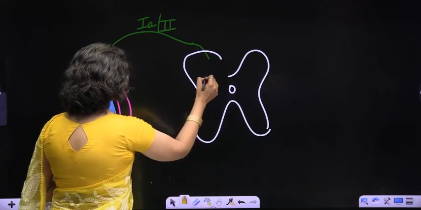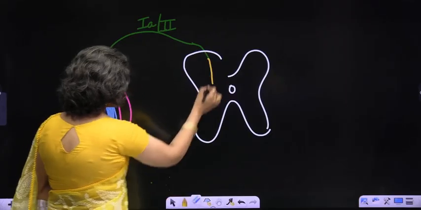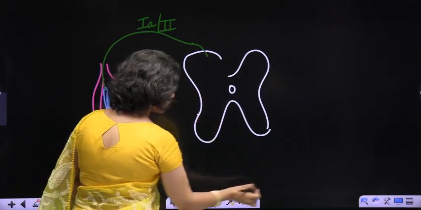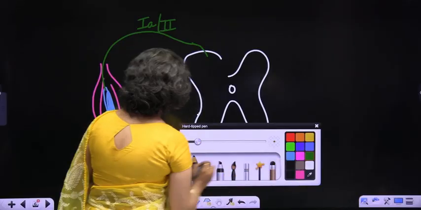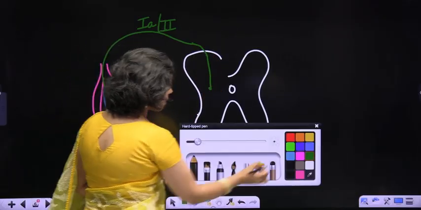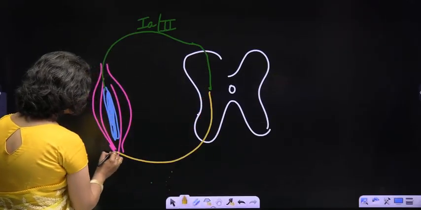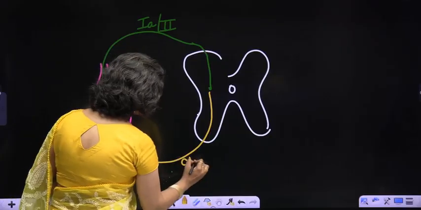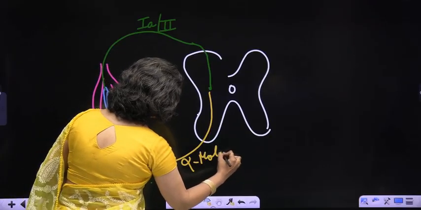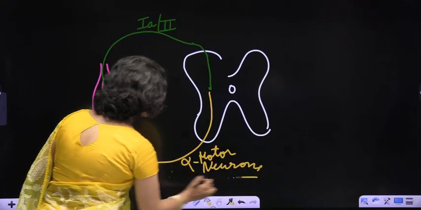Now from this, these are the afferent fibers. And the efferent fibers supply the extrafusal fibers and these are the alpha motor neurons. So that completes the reflex arc.